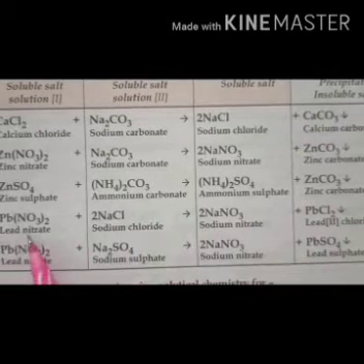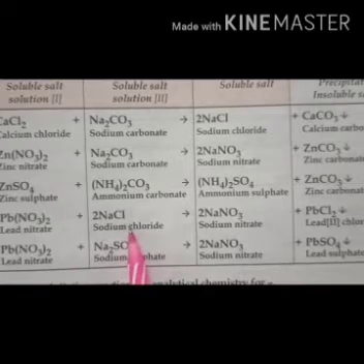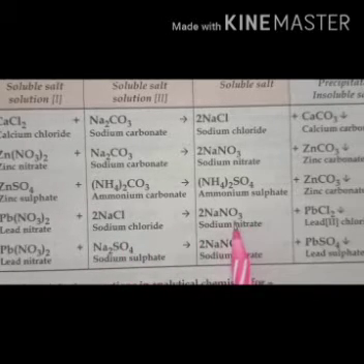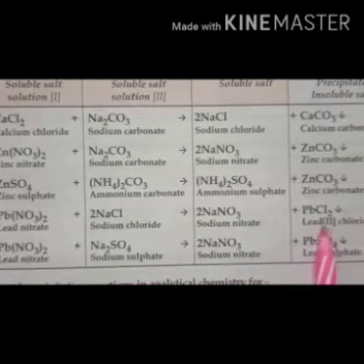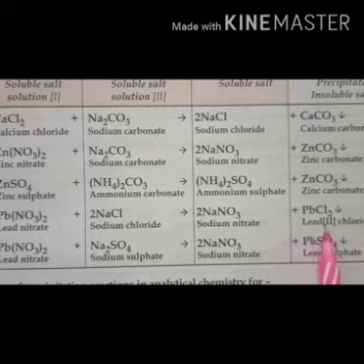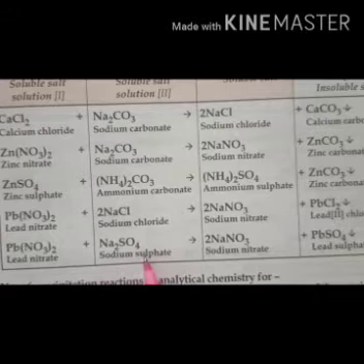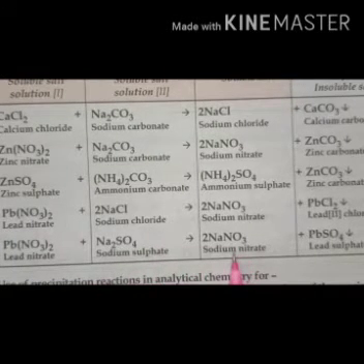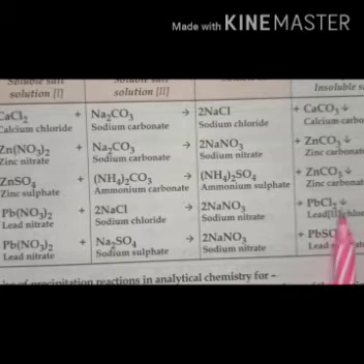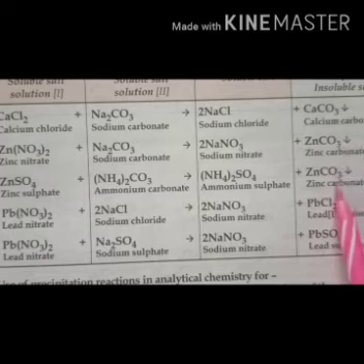Next, lead nitrate when reacting with sodium chloride gives you sodium nitrate and lead chloride. Here also a white precipitate of lead 2 chloride is formed. In the same way, when lead 2 nitrate reacts with sodium sulfate, you get sodium nitrate and lead 2 sulfate, and these are all insoluble precipitates.